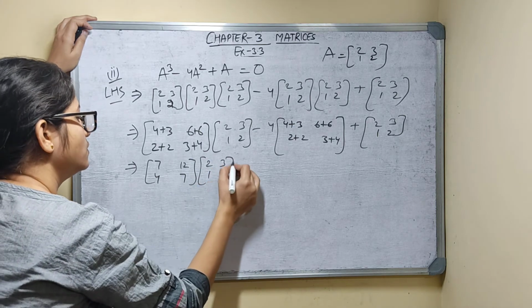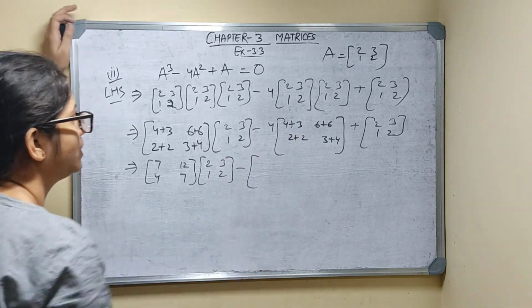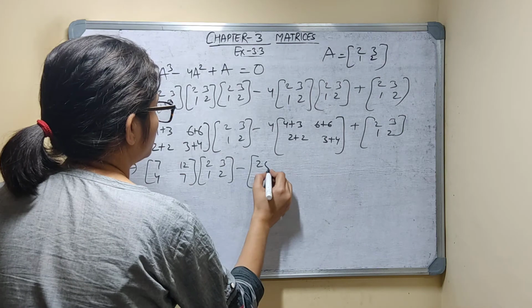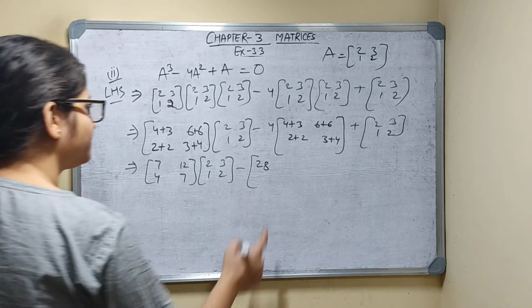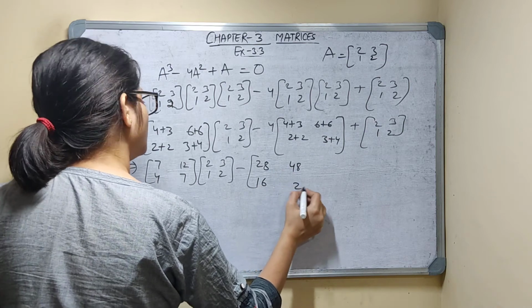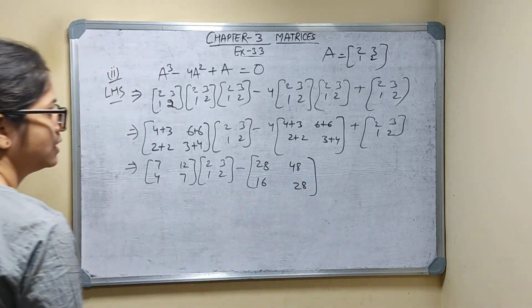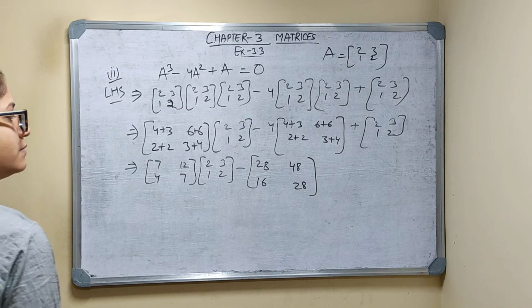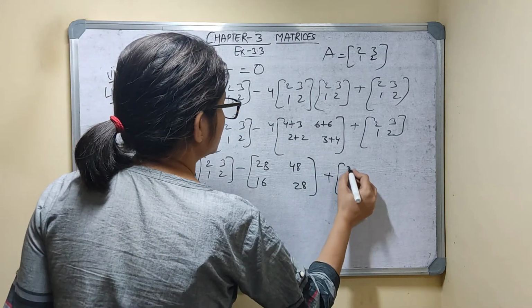Then 2, 3, 1, 2 minus 4 into 7, that gives 28, 48, 16, 28. Clear? Plus 2, 3, 1, 2.